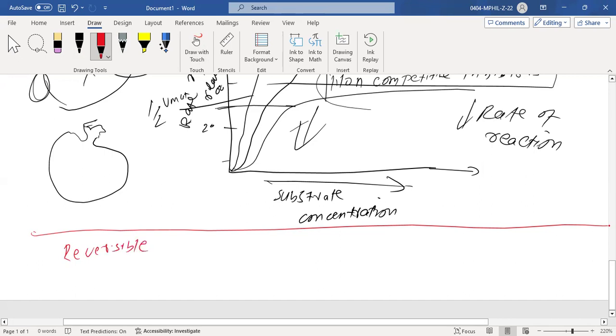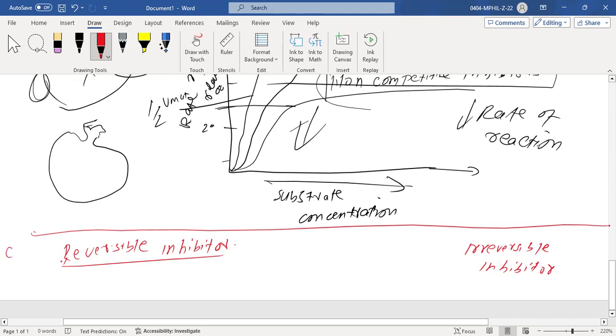A reversible inhibitor, and then you have an irreversible inhibitor. This reversible inhibitor can also be divided, like we can say competitive reversible inhibitor.